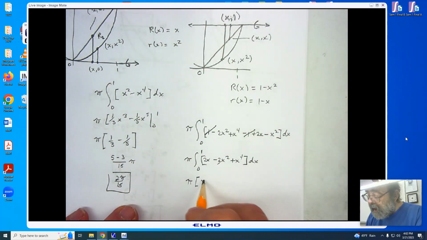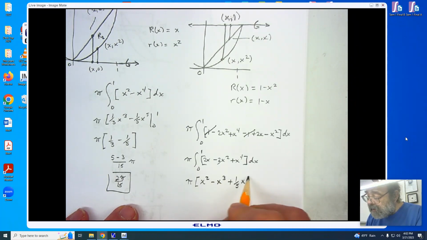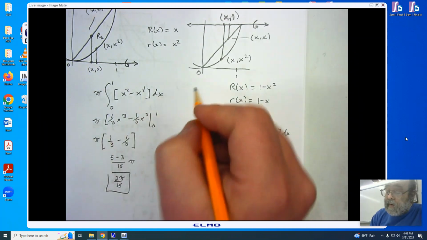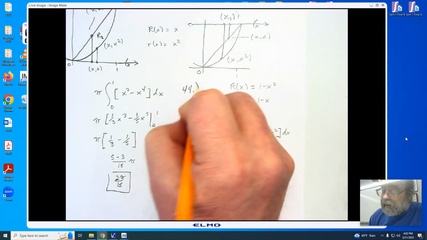Pi times x squared minus x cubed plus 1/5 x to the 5th, 0 to 1. Pi times 1 minus 1 plus 1/5. And I end up getting pi over 5 for my answer for number 44.